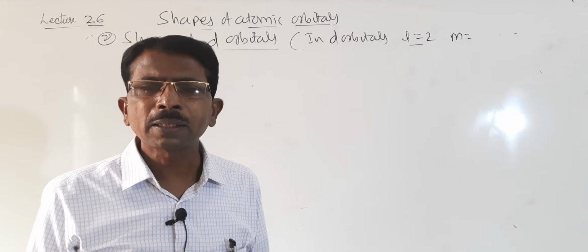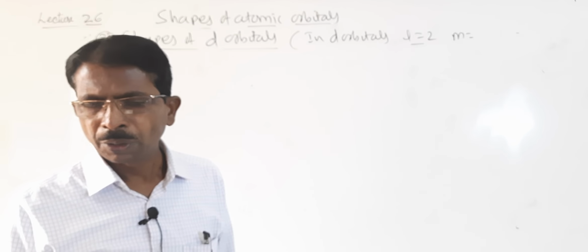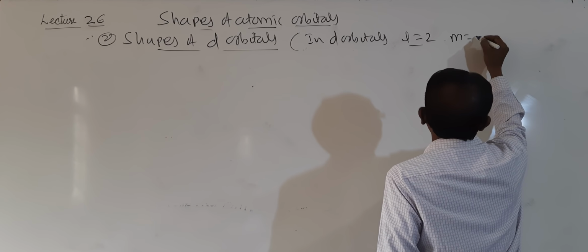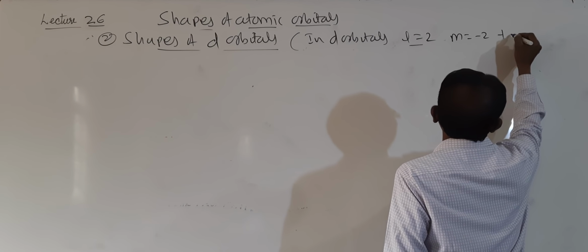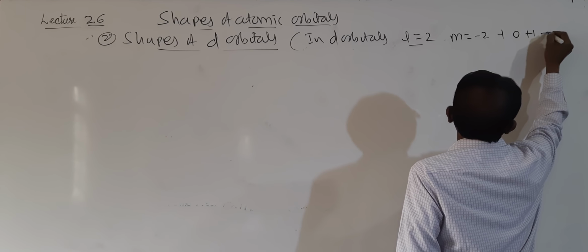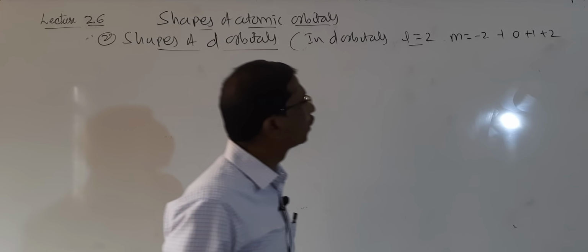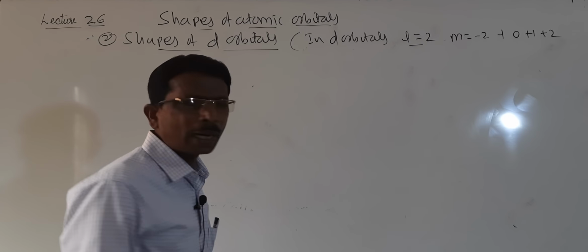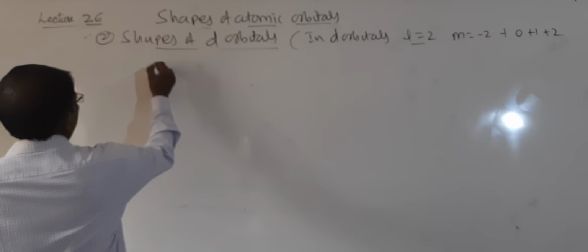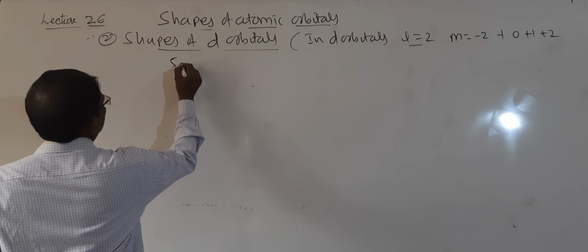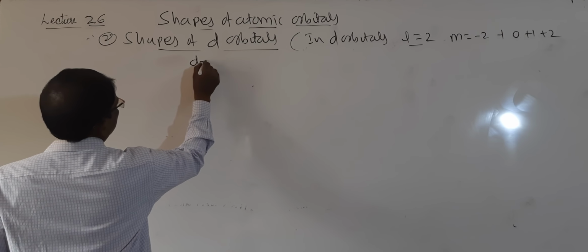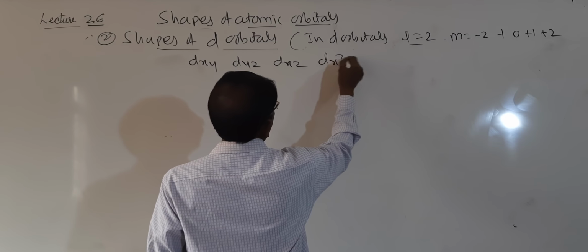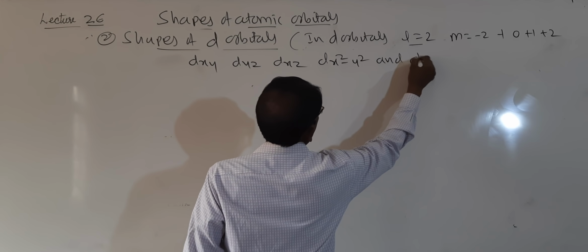L is equal to 0 is s, L is equal to 1 p, L is equal to 2 d orbitals. Then m has 5 values, that is -2, -1, 0, +1, +2. So, here it has 5 orbitals and these 5 orbitals are represented by dxy, dyz, dxz, dx square minus y square and dz square.